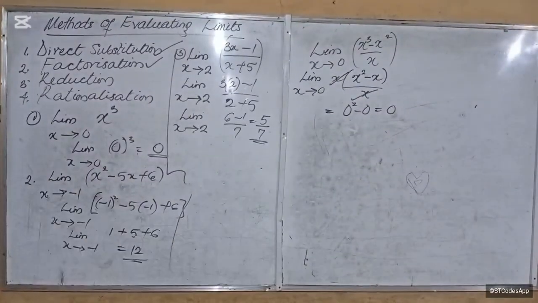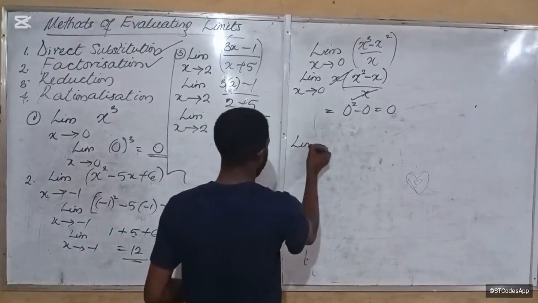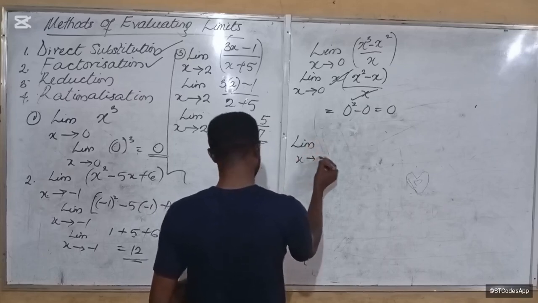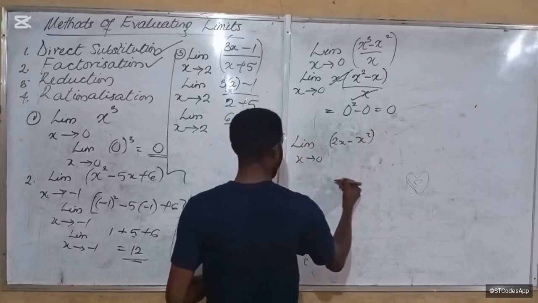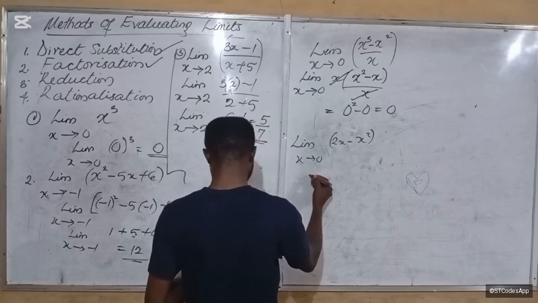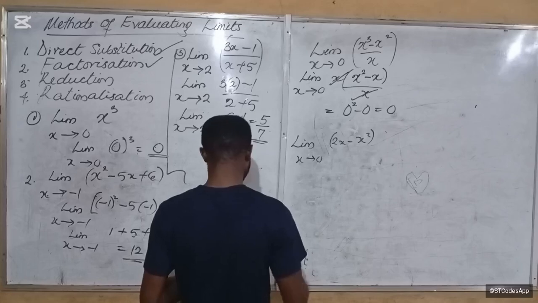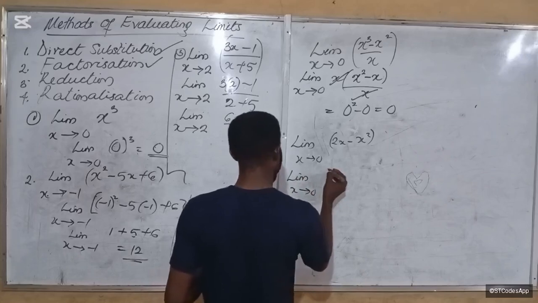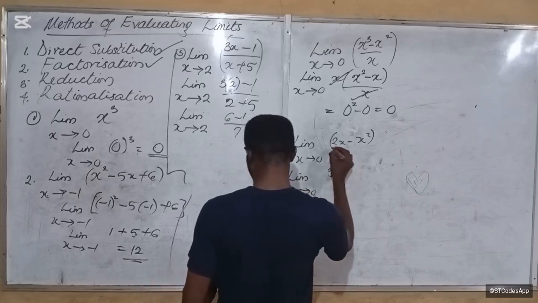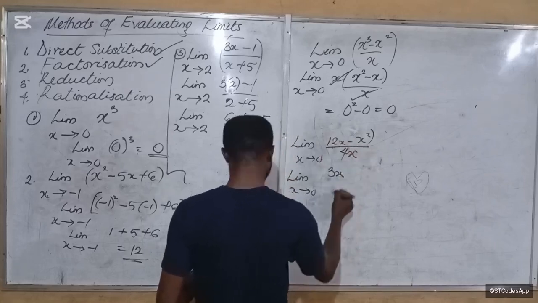Now the next question says that the limit as x approaches 0 again of 2x minus x squared. Okay, let me just write a few of these questions down. Then the next one says the limit as x approaches 0 of 12x minus 3x squared over 4x.